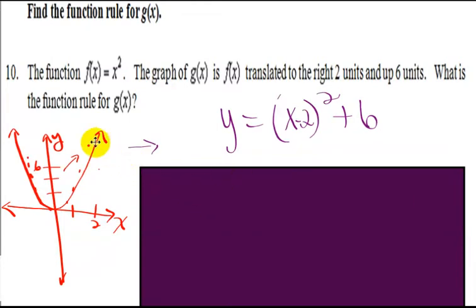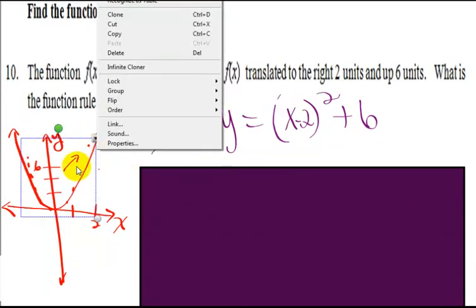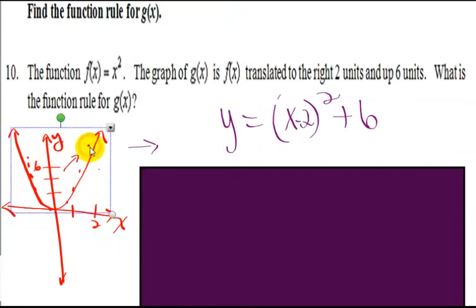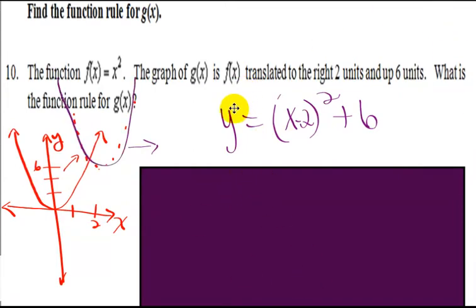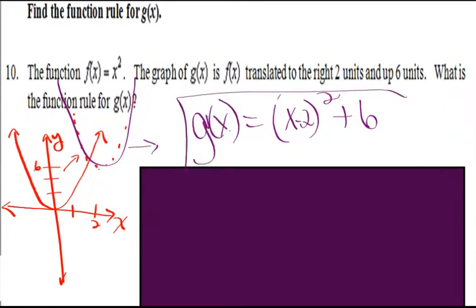So over 1, 2, and up to 6. So our new line is right there. Oh, that was our g of x. So let's fix that. And that's your answer.